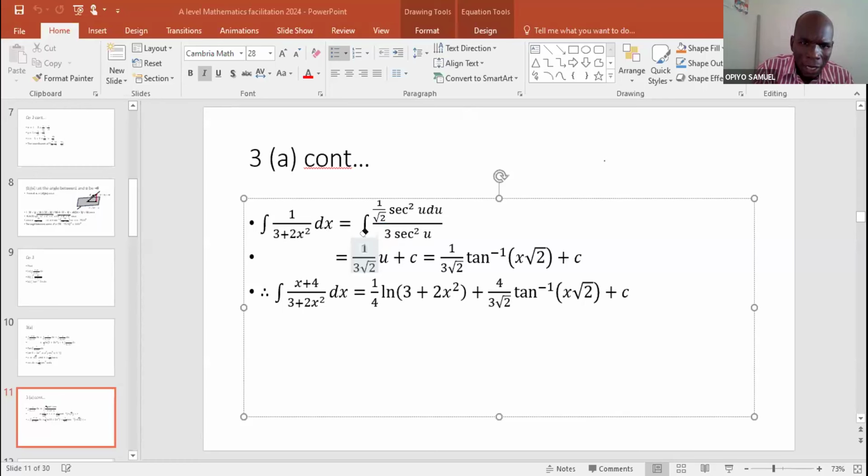I'm seeing another hand. Please, Kabuda, can you unmute? I guess you are getting me, sir. Yes. Now, when I look at that number, if we simplify it in that we pull out the 3, we are going to be left with 1 plus 2 over 3 x squared, is it?